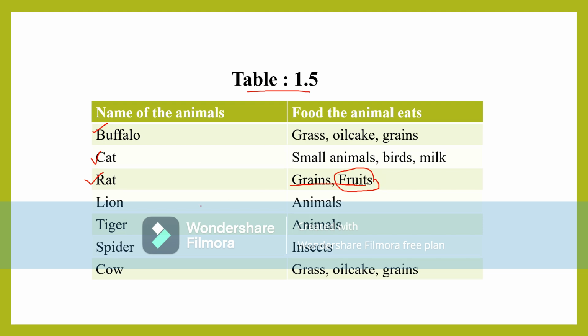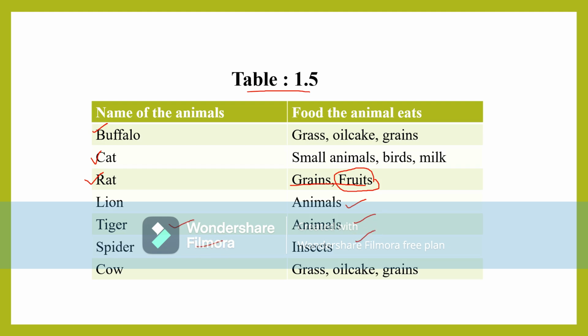Next, lion, which is in the forest. Lion eats animals. You all know, right? You all have seen the geographical channels and all. Lions hunt the animals, and the tiger also eats animals. Next, spider. You all know the spider, right?